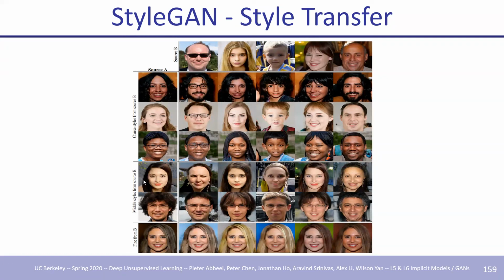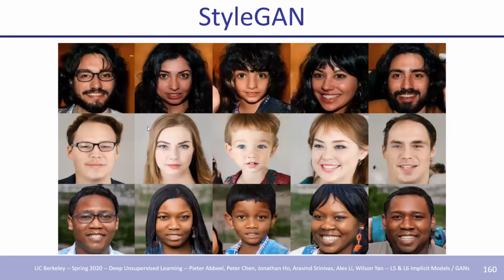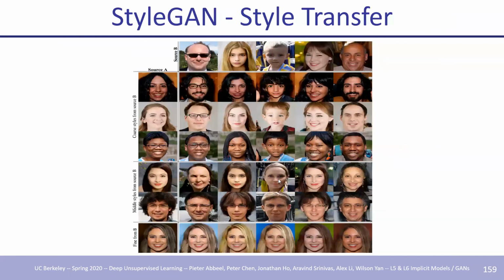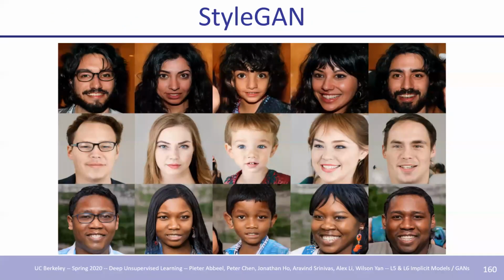And then you can take more of the style, and then you can take coarse style. I'm not sure quite what the styles mean. I don't know if these are the finer styles and these are the coarser styles, but I should read the paper. But this works pretty well.